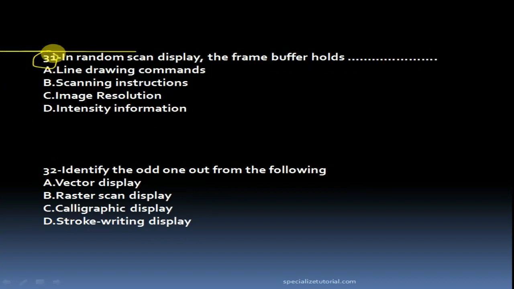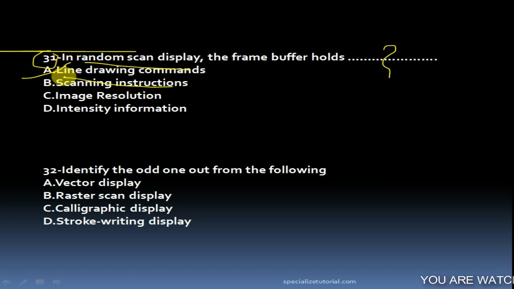Question number 31. In random scan display, the frame buffer holds. Options are line drawing commands, scanning instructions, image resolutions, and intensity information. So here the right answer will be line drawing commands.